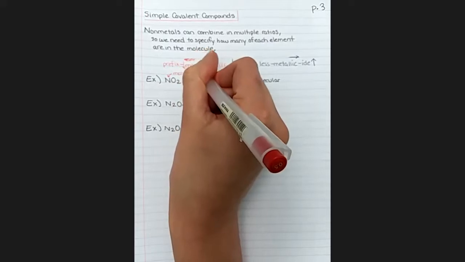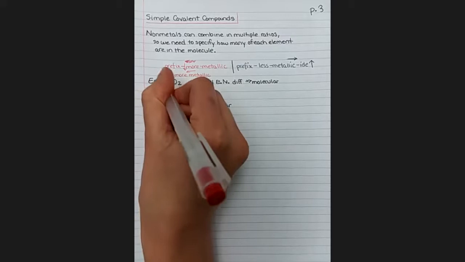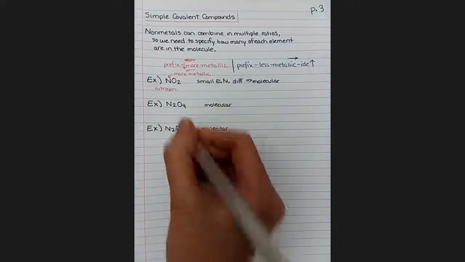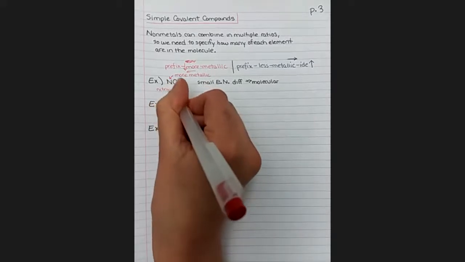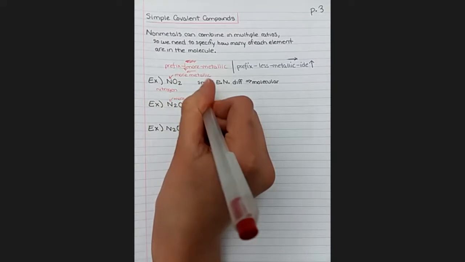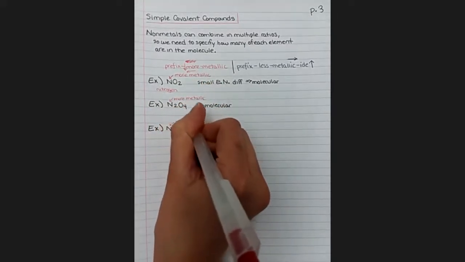So nitrogen is going to be our more metallic element, so that's the one that we're going to list first. And we know this is called nitrogen, and the other one is called oxygen. So we'll just go ahead and do that for all of these. More metallic, more metallic.